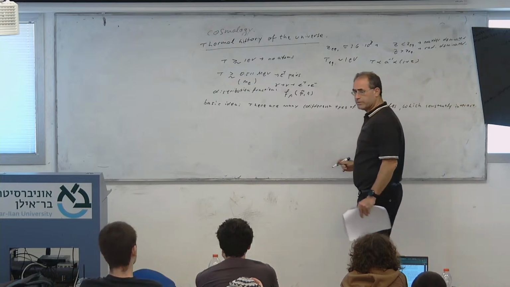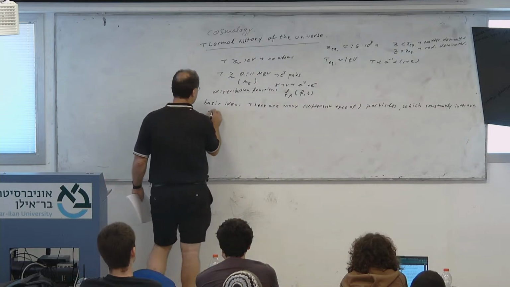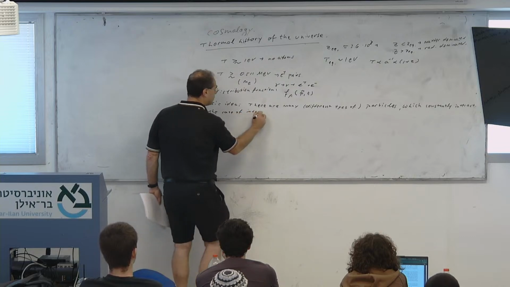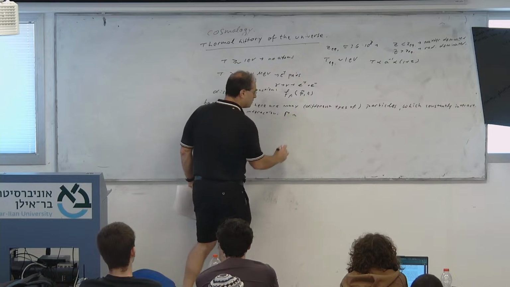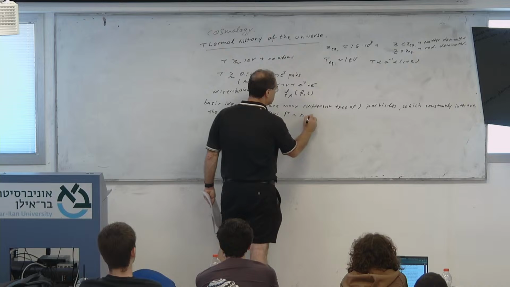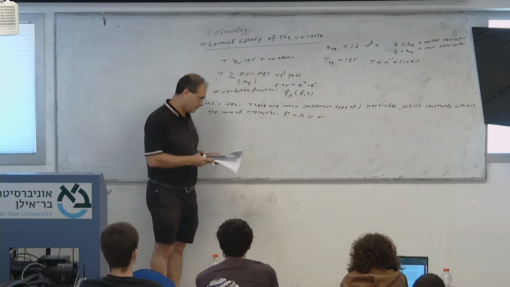But typically they are relativistic. So the rate of interaction, gamma, is approximately the density times the velocity times the cross section, where the velocity is c. Right?